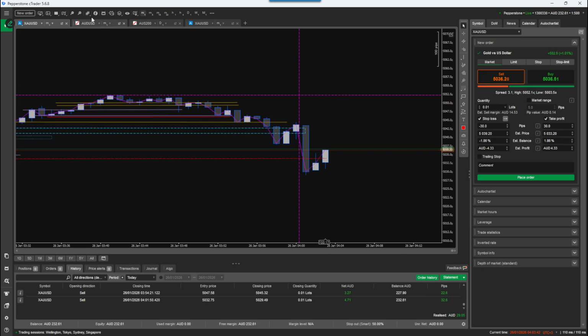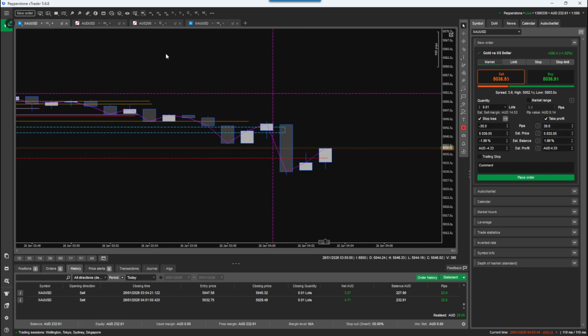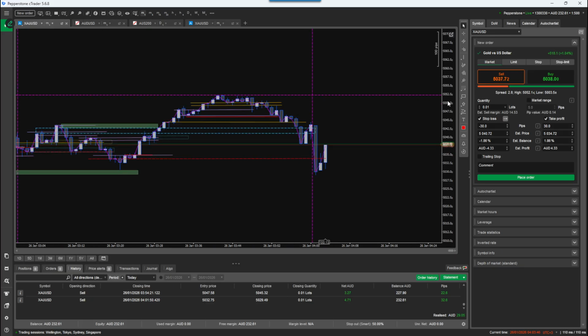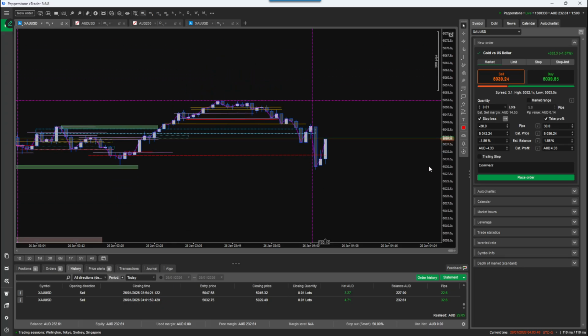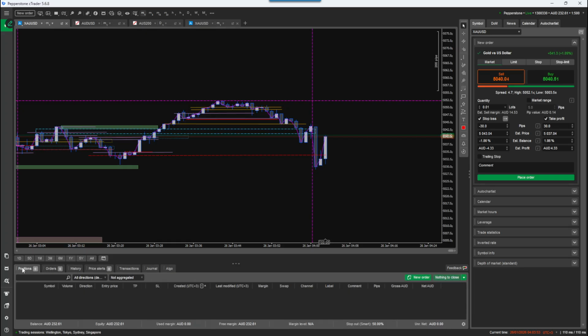That's why you just gotta let it breathe. So typical of the Open, just swinging 100 pips one way, 100 pips another way.